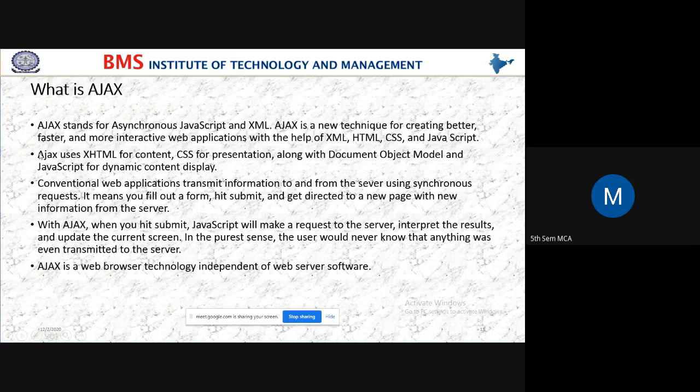Here, how HTML is used, why CSS is used, why DOM is used, why JavaScript is used: XHTML is used for the content, CSS for the presentation, along with the DOM and JavaScript for dynamic content display. Conventional web applications transmit information to and from the server using asynchronous requests.